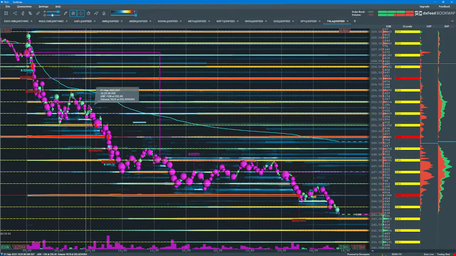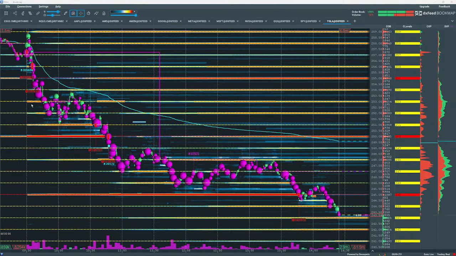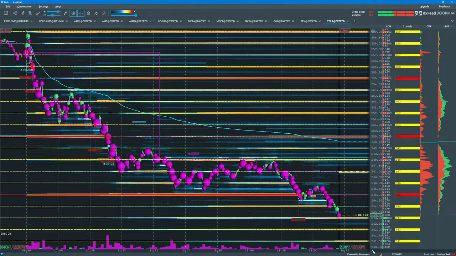And notice the initial move in the morning driven by call sellers, options traders, and also notice the aggressive selling here in Tesla. We can take a look at cumulative volume delta. Just this whole chart of magenta volume dots. These are aggressive sellers.